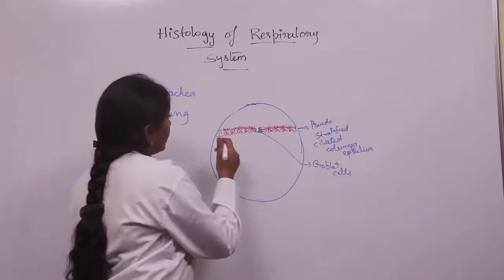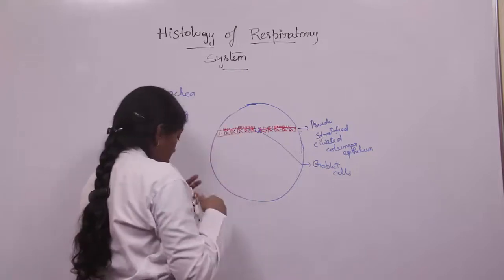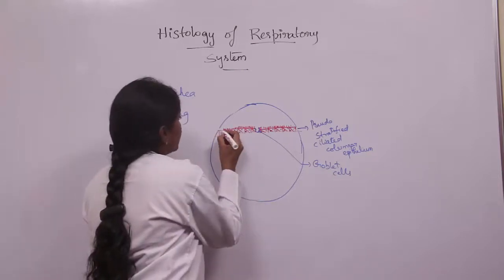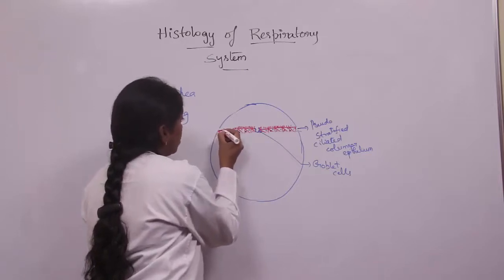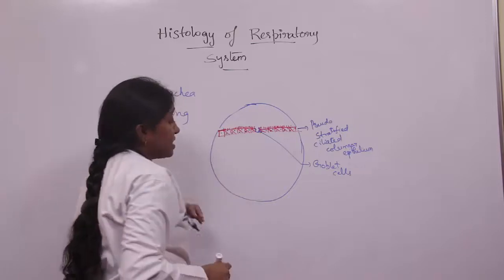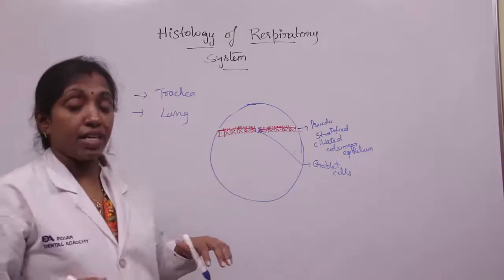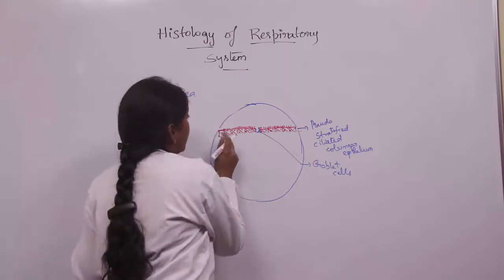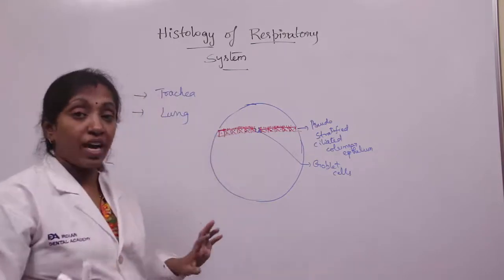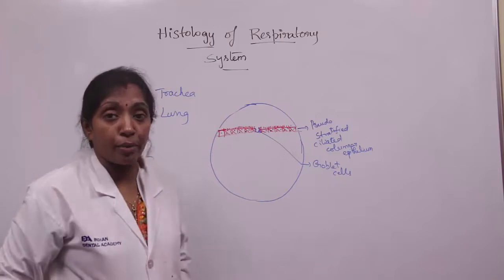And along with that, we can see some non-ciliated columnar cells also. They secrete amylase enzyme. They consist of some villi. Non-ciliated cells are also seen along with the pseudostratified ciliated columnar cells.